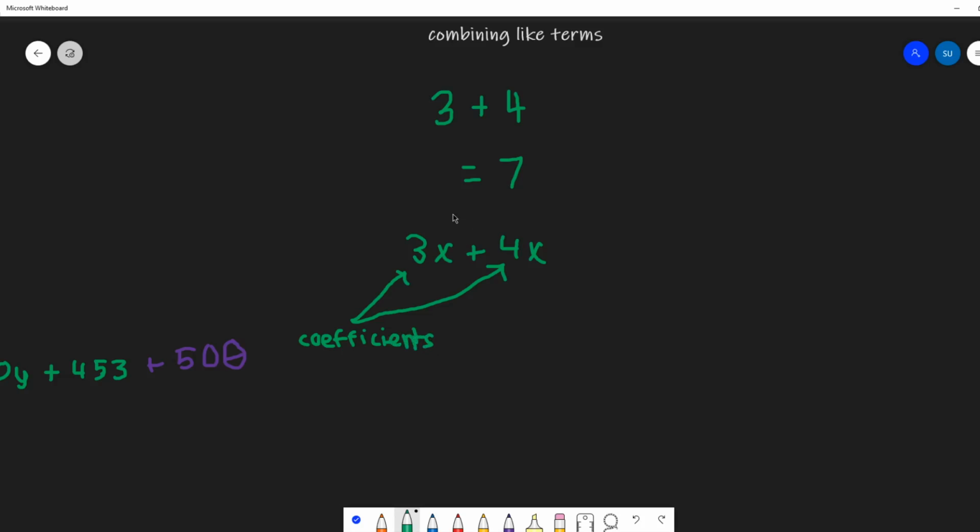In this case, the 3 is in front of the x, so that means we're dealing with 3 x's. And the 4 is in front of the x, so we're dealing with 4 x's.